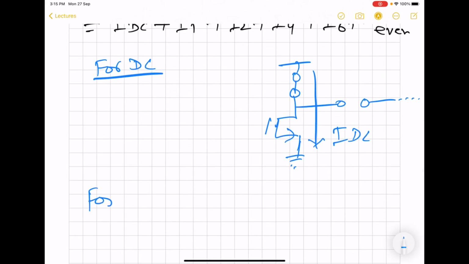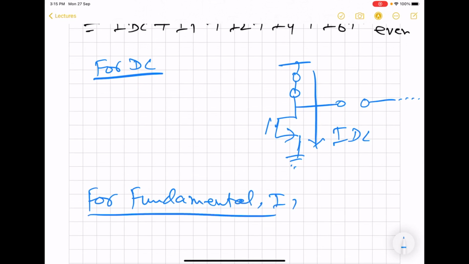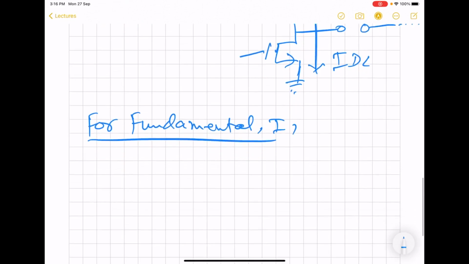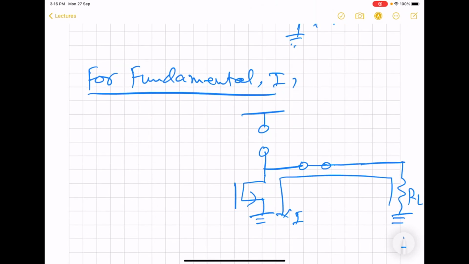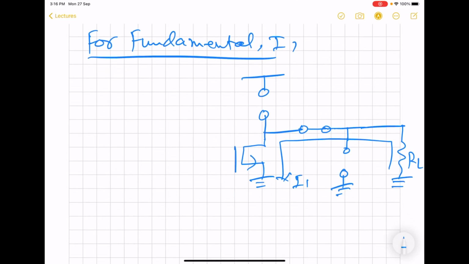For fundamental, I1. So the RFC will present an open circuit. And the blocking capacitor will act like a short circuit. And what happens to this parallel LC network is that it is going to be open.